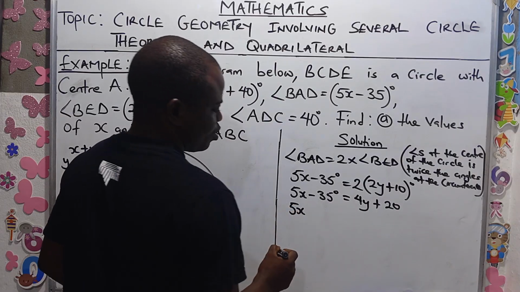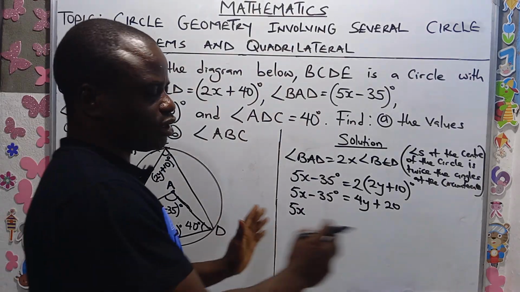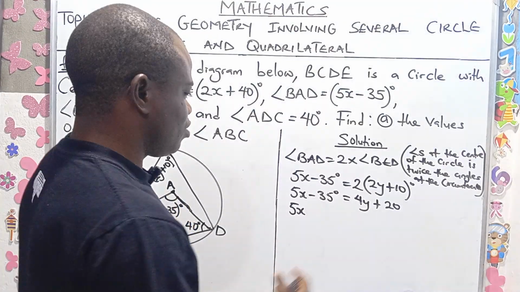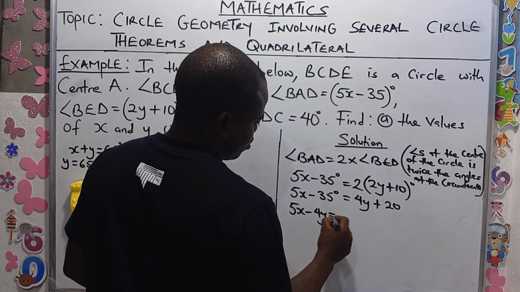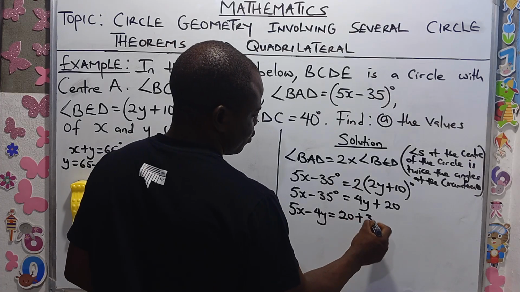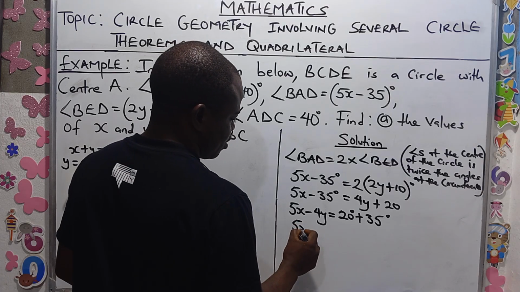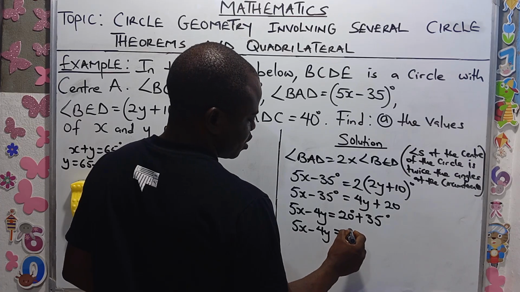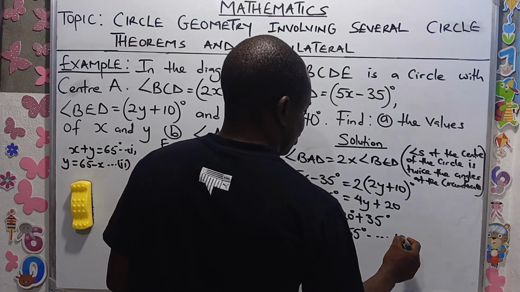We want to turn it to a simultaneous equation with x and y on one side and the constant at the right hand side. 5x minus 4y equals 20 minus 35; the 35 crosses the equal sign and turns to plus 35. That's 20 degrees plus 35 degrees, that's 55 degrees. That will be our equation 3.